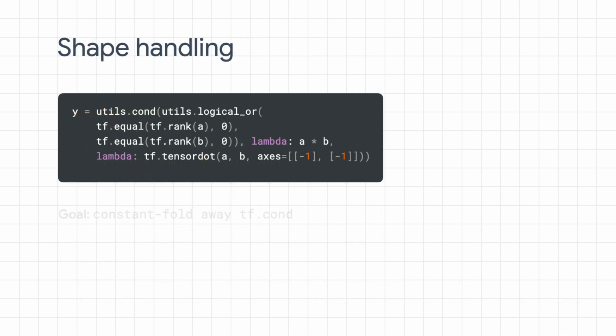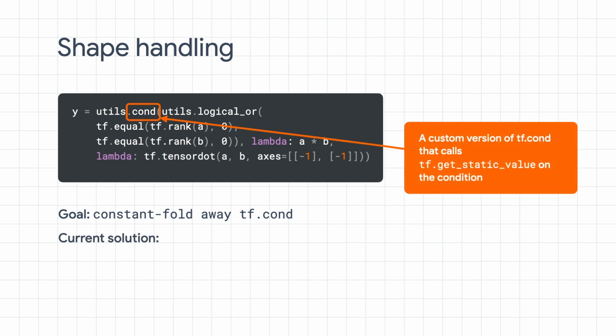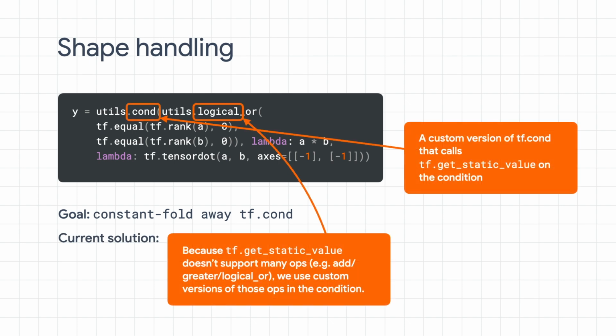The solution is that we need to constant fold away tf.cond. Because we are only dispatching according to shape, and the shapes are already known for all arguments, the conditions in our tf.cond are already statically known at this time. So we just need to leverage this fact and eliminate cond because the condition is already known.